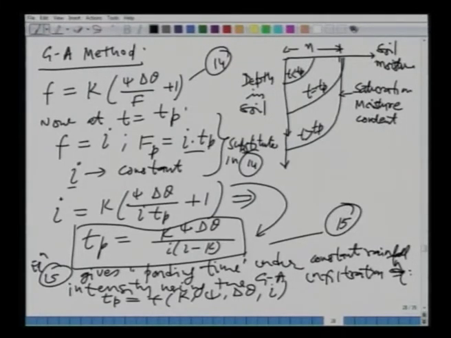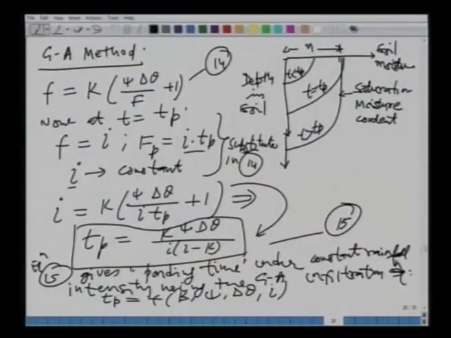If you are comparing, let us say, two different catchments, one has lower hydraulic conductivity than the other, which catchment will take more time to pond as compared to the other one? Obviously, the higher the value of K, the higher the ponding time, because water will infiltrate quickly into the catchment, and tp is directly proportional to K.